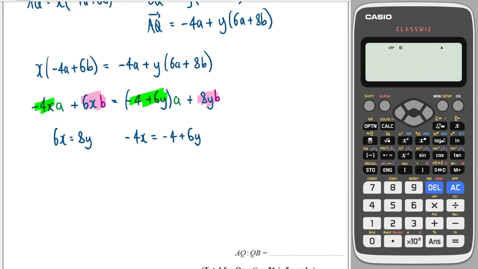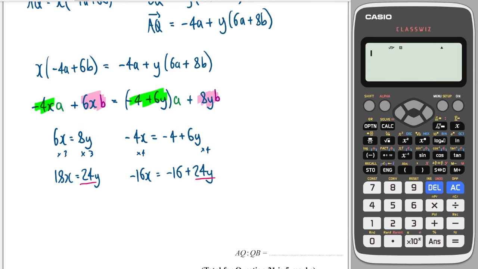So what I might do is multiply this one here on both sides by 3, and that's going to give me 18x is equal to 24y, and then I'm going to times this one on both sides by 4, which is going to give me minus 16x is equal to minus 16 plus 24y, and I've done that because now I've lined up the y's.